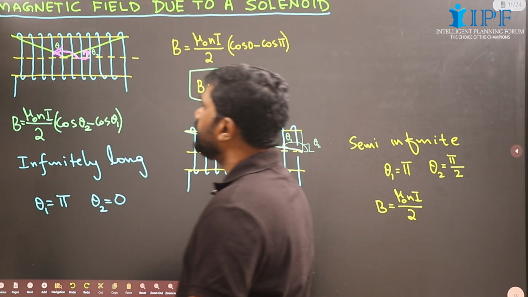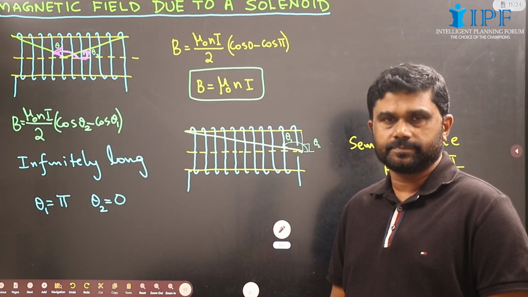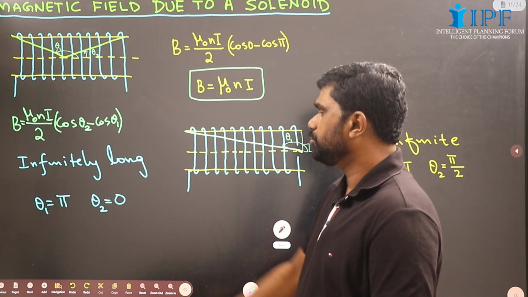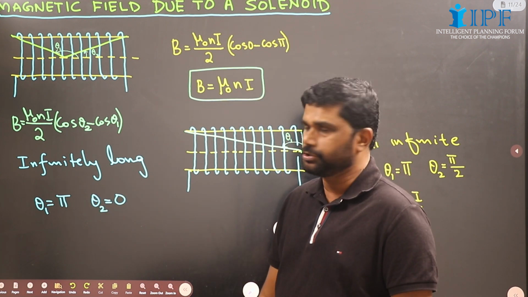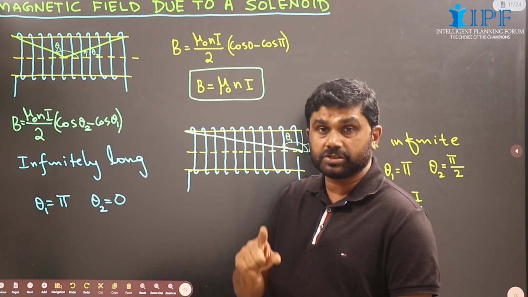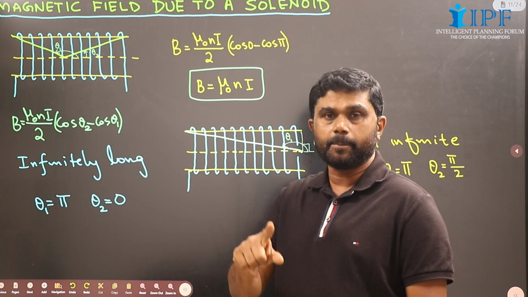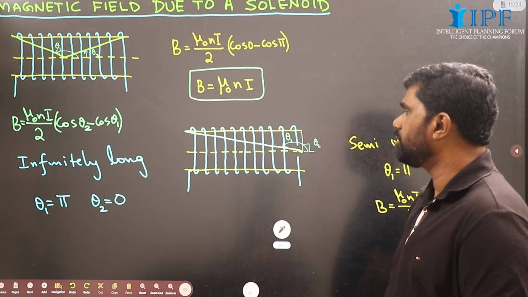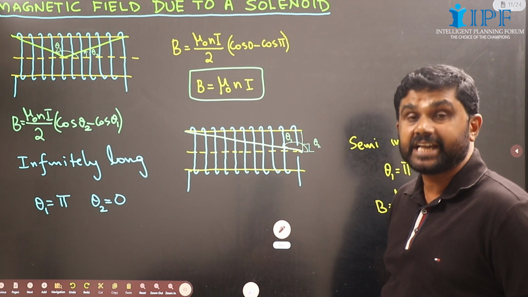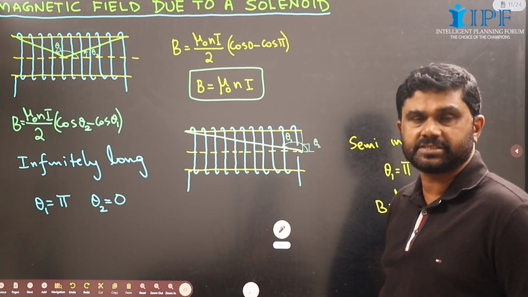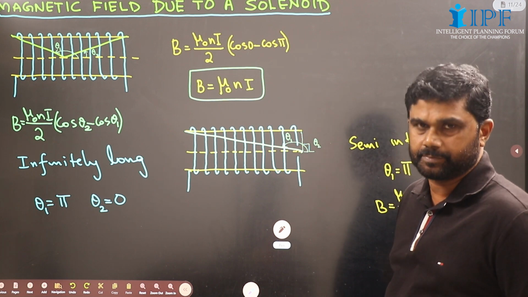If it is infinitely long on both sides, theta 1 will be pi and theta 2 will be 0. So cos 0 minus cos pi: cos 0 is 1, minus minus 1, that will be 2. So we will get the magnetic field inside the solenoid as mu 0 n I, same as the magnetic field inside a toroid. A toroid means a solenoid in circular shape.